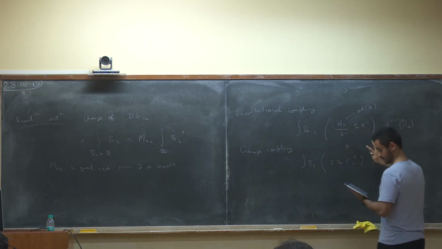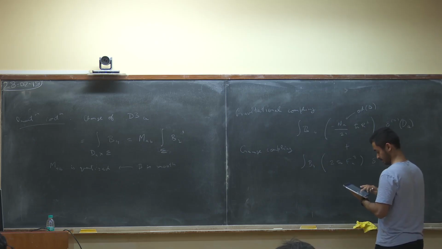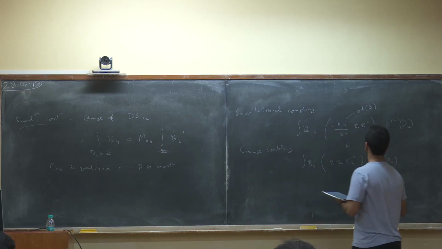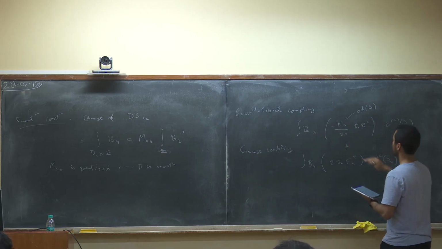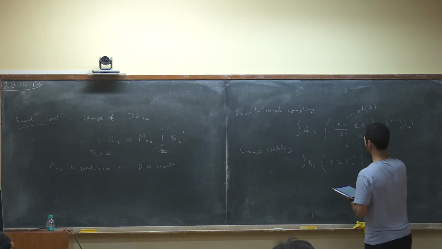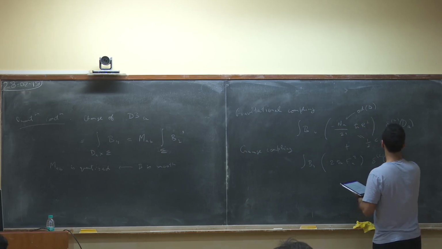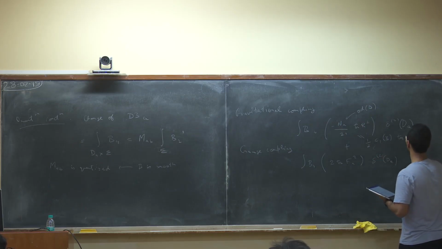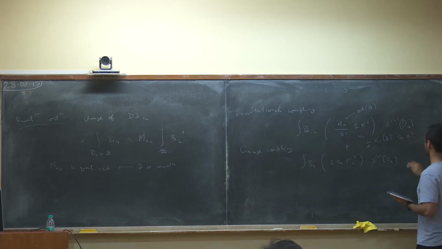You can write this thing as half C1 of b, where C1 is the first Chern class of the base. This is the cohomology class dual to the canonical divisor on the base.